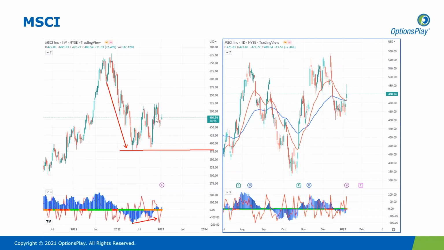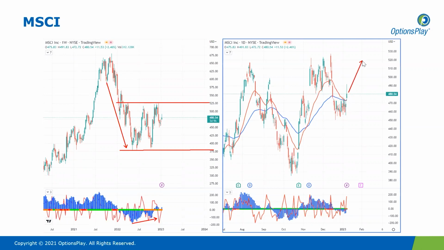Price managed to rally all the way to 525, running into resistance, pulling back nicely, with multiple rejections of 450, and moving a little bit higher here. This week's price action, with price breaking above these EMAs, provides a bit of a breakout opportunity for MSCI, in my opinion.